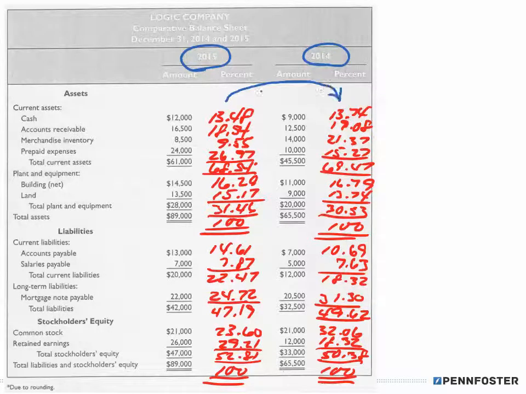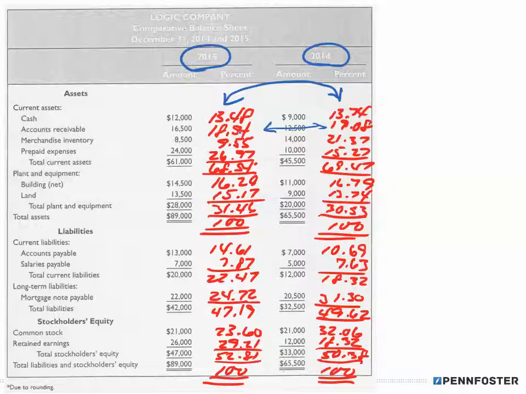the figures in each of the columns in relation to each other. Meaning, let's just take accounts receivable here. Back in 2014, my accounts receivable was greater than it was in 2015. It was 19.08% versus 18.54%.